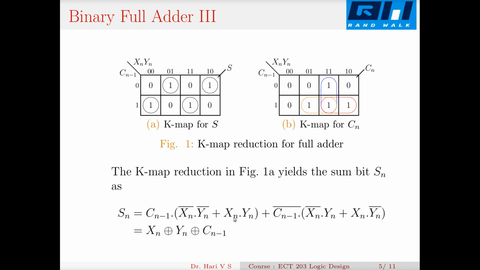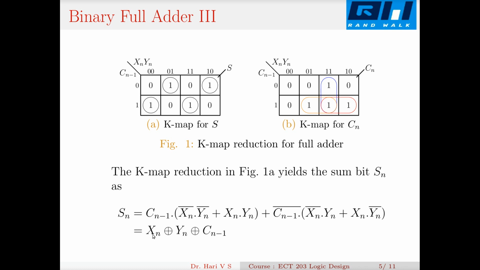So the other term is xn xnor yn, and you know that the two-input xnor and xor are complements. So this is of the form cn minus 1 z, or cn minus 1 bar z bar, which is nothing but cn minus 1 exclusive or xn exclusive or yn. So the sum is xn xor yn xor cn minus 1.